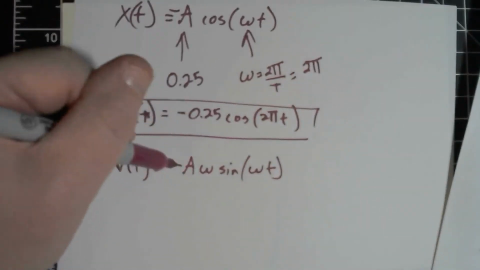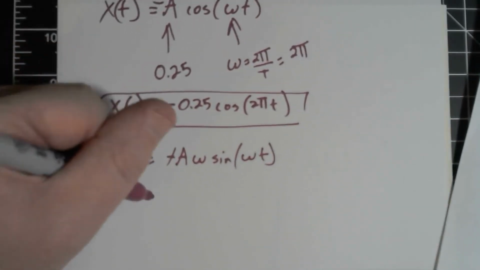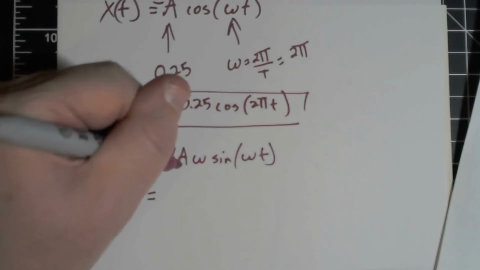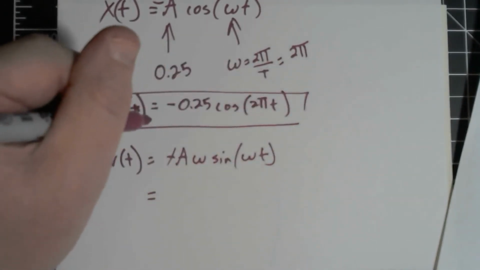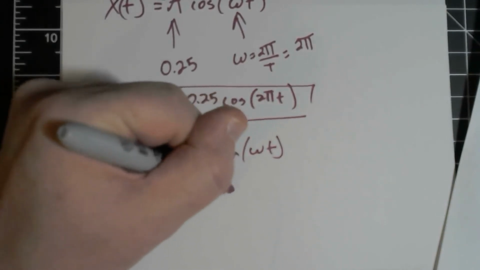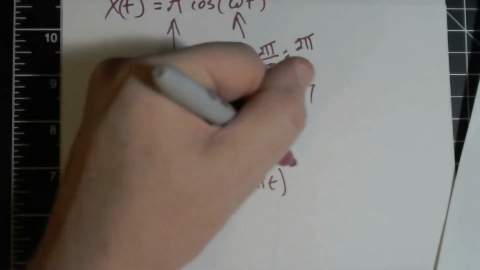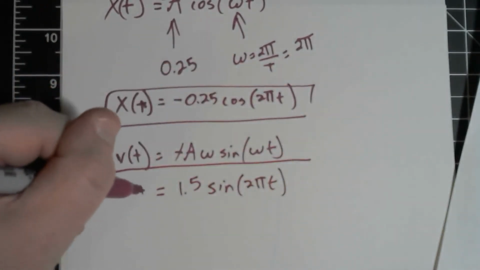So that means that this negative sign right here is actually going to be negated because that graph is right side up. And so when we plug our numbers in for A omega throughout this, we end up getting 1.5 sine of 2 pi t. That's our velocity function.